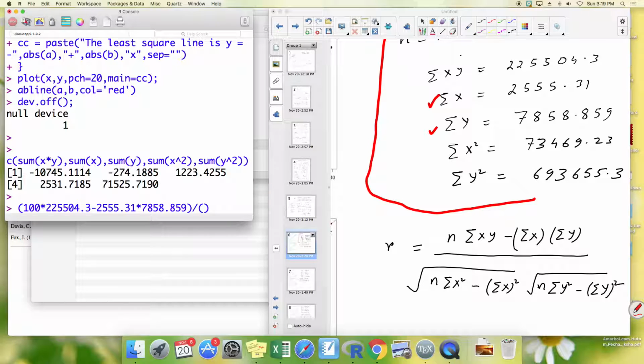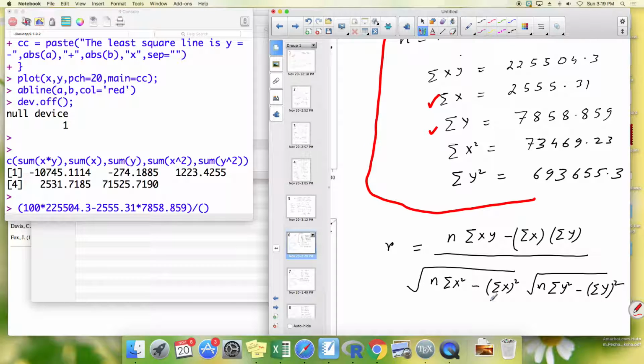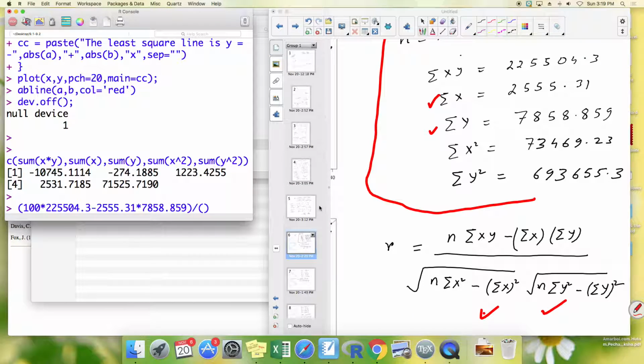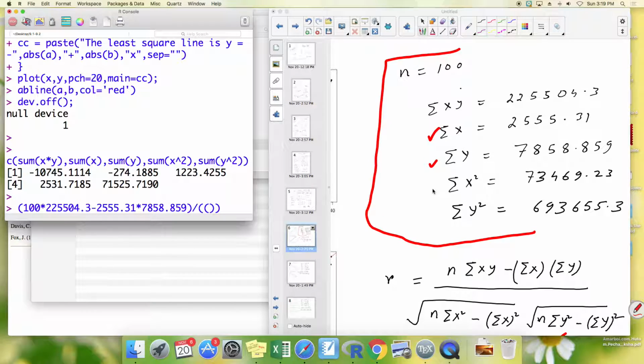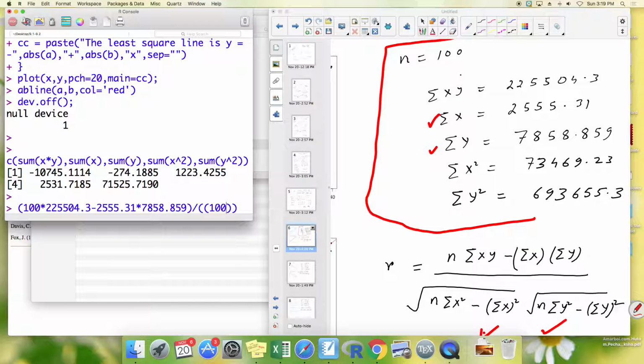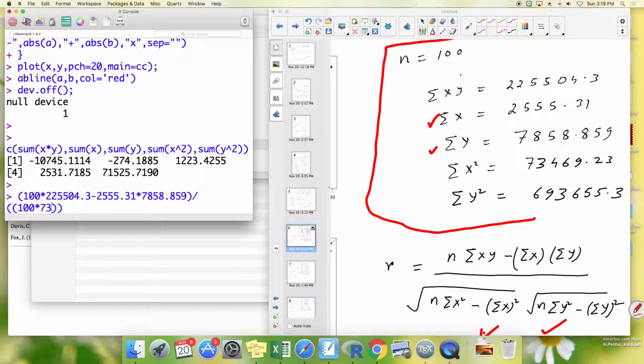So divided by the denominator. Look, for the denominator there are two terms, this term and this term. So let me do the first one. It's n times summation x square. So 100 times summation x square is 73469.23. n times summation x square minus, look at summation x whole square.